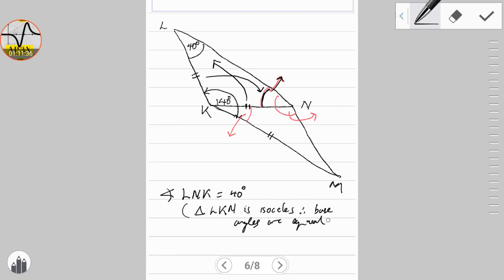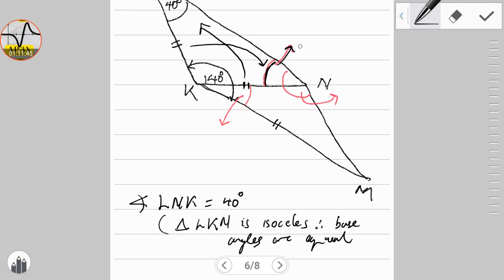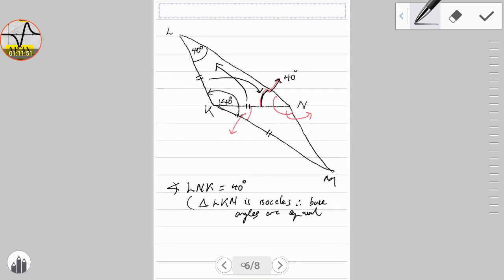That means the angles at the base of this triangle are exactly the same, so right away we know this angle here is 40 degrees. All right, so that was pretty easy. That wasn't too challenging.